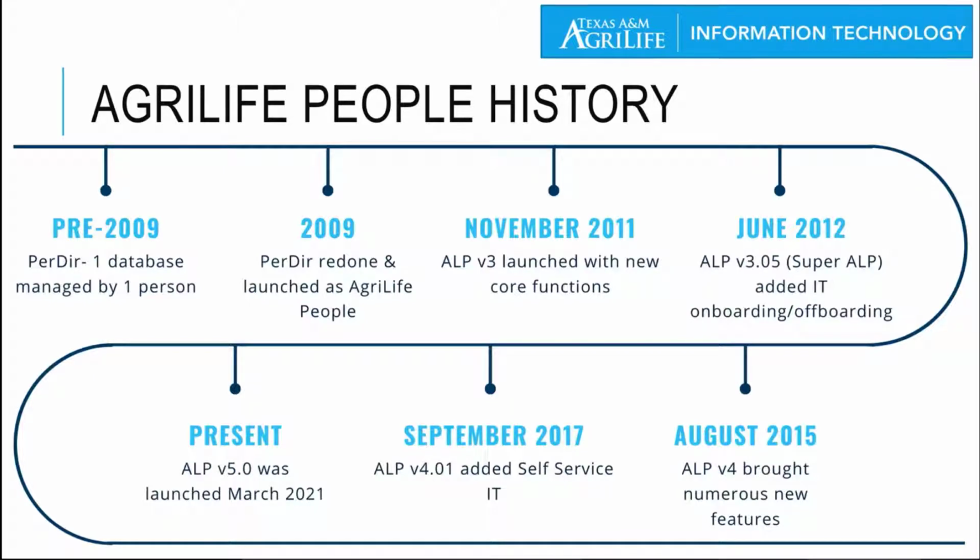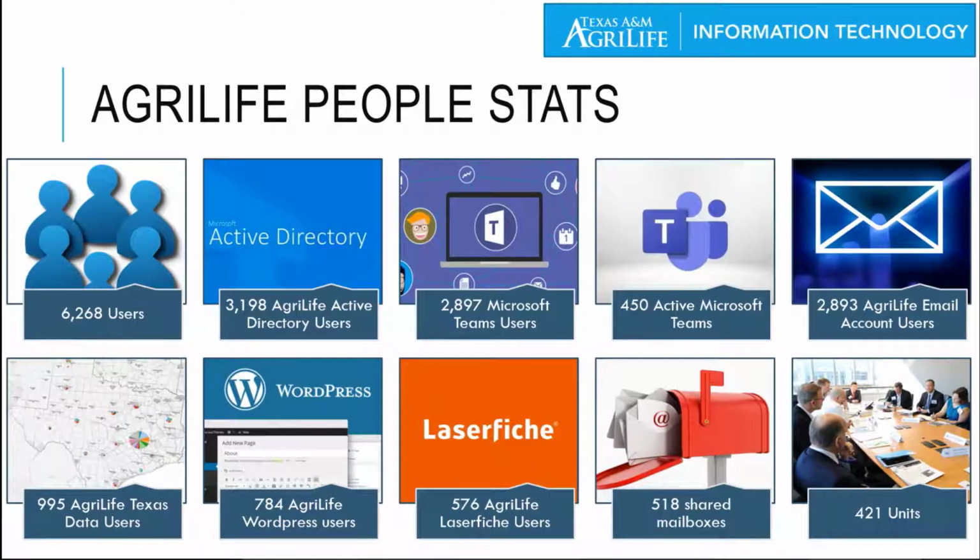Okay, so just a couple of stats. I noticed some of the names in here were familiar, so if y'all were with us on the AgriLife IT Services Environment session last week, these will look familiar to you. But I did want to include them because access and creation of these resources, Active Directory, Microsoft Teams, Texas Data, WordPress, Laserfiche, email, they're all managed through AgriLife People.